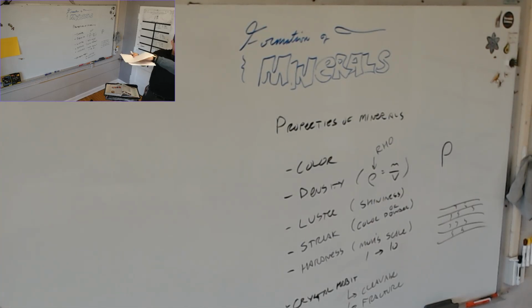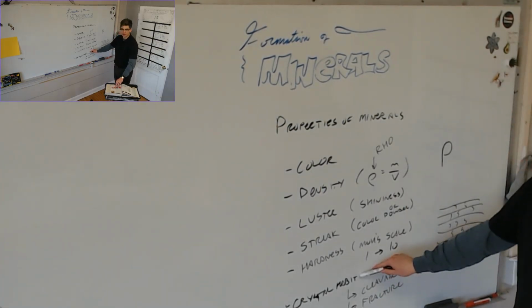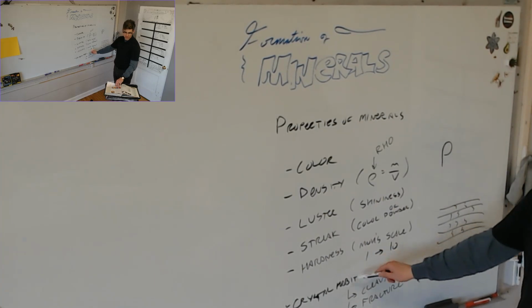To break it like that, that's cleavage. If I do like this, that's fracture. I'm breaking it across the crystal line. Does that kind of make sense? Not a bad noise. It's a lovely noise. So these tell us about the crystal habit, and that's very important because that defines what that mineral is.